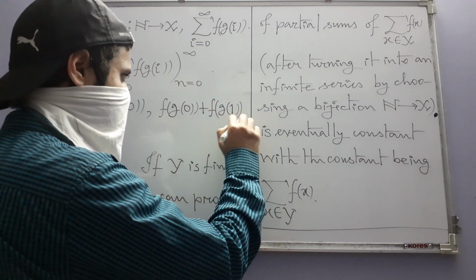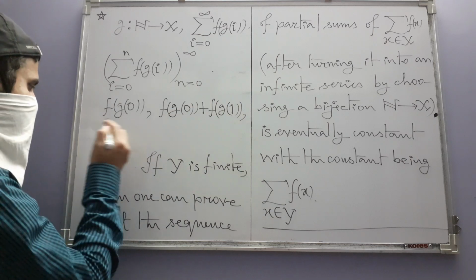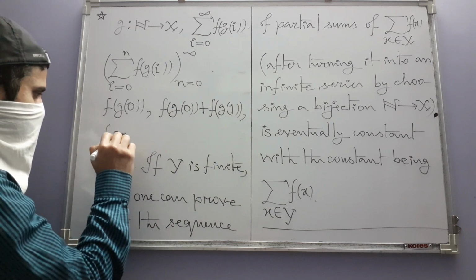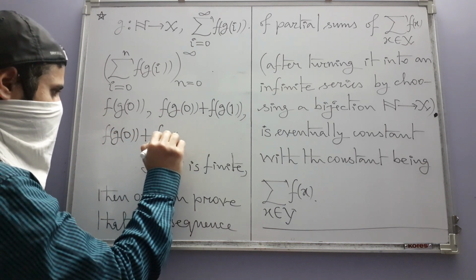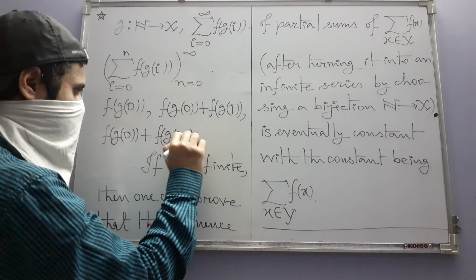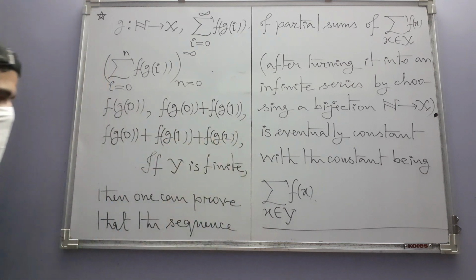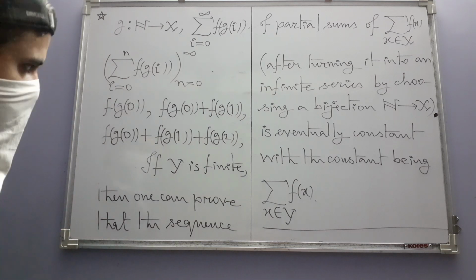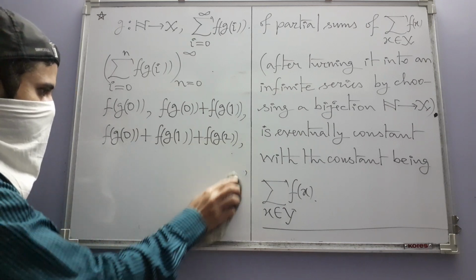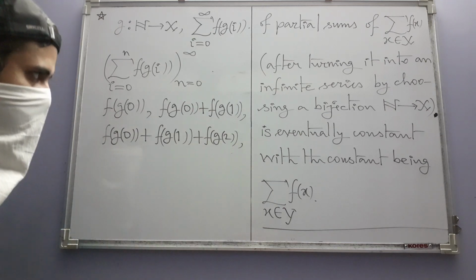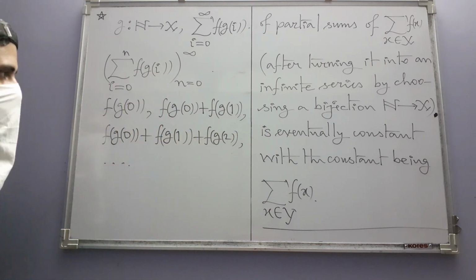Okay, so that is the second partial sum. And then you will have the third partial sum. Let me write one more. And it goes like this. So this sequence is just simply this sequence.